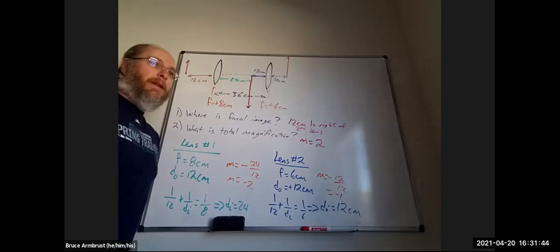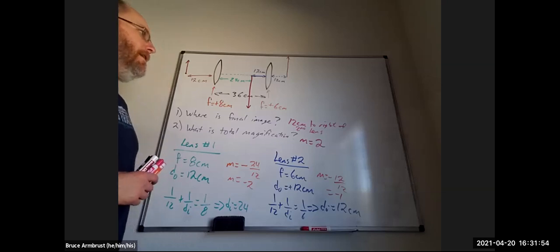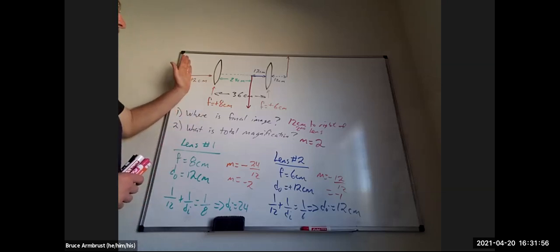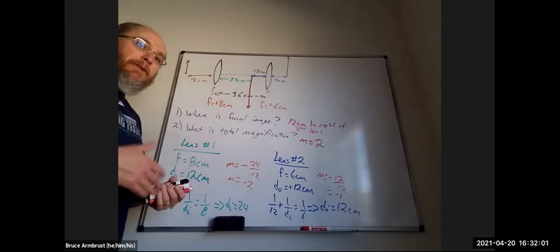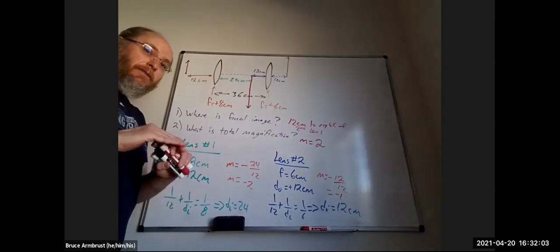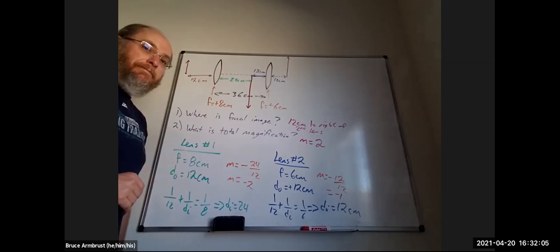So what you would end up seeing with this is just a blown up version of this guy. If we had these lenses set up this way, and we had some sort of an object that we were looking at, we would be able to project it onto a screen so that it looked twice as big.